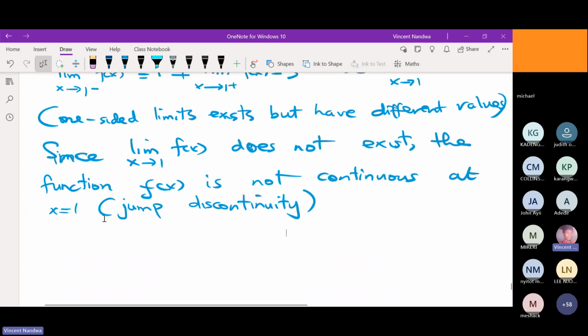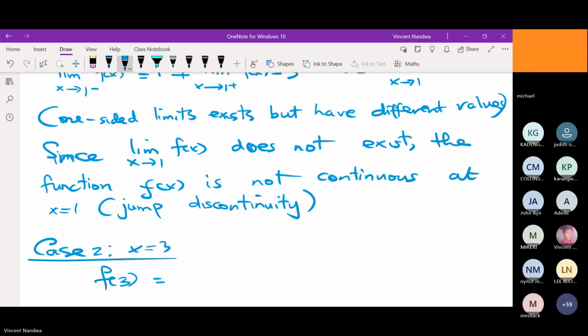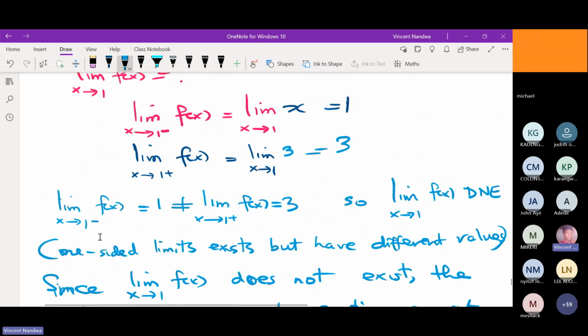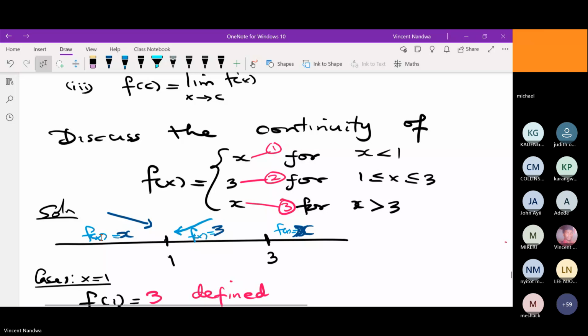Good. And then lastly, case 2, let's discuss the continuity at x equals to 3. So what is the value of the function at x equals to 3? 3, because remember, the function was giving us 3 whenever x is between 1 and 3, both 1 and 3 inclusive.